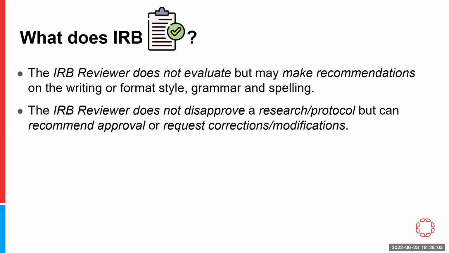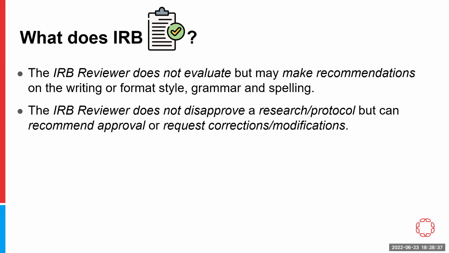Now, this is very important. The IRB reviewer does not evaluate, but can make recommendations on the writing, format, style, grammar, and spelling. We will not stop or not approve or not recommend for approval any study because of grammar or style.